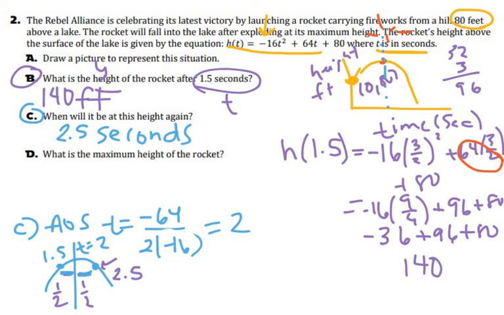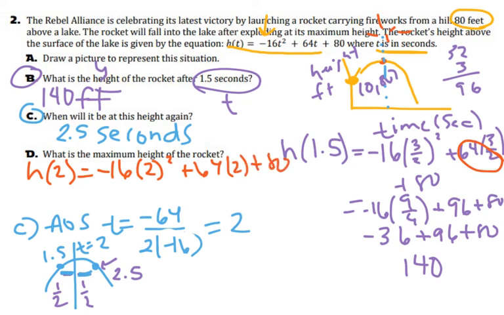And then last but not least, what is the maximum height of the rocket? Well, we just did the work to find the axis of symmetry. So this will happen when t is equal to 2. So we need to figure out what the value of the function is when t is equal to 2. So negative 16 times 2 squared plus 64 times 2 plus 80.